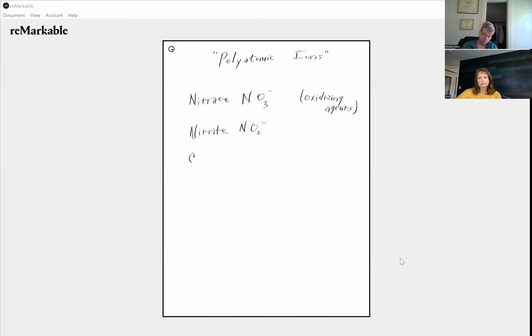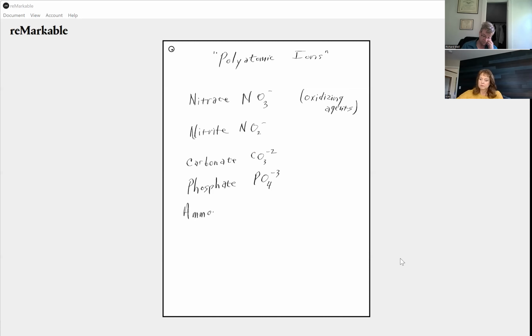Carbonate. These are things that you might come across in everyday life. CO3 with a -2 charge. Let's see, phosphate. PO4 with a -3 charge.